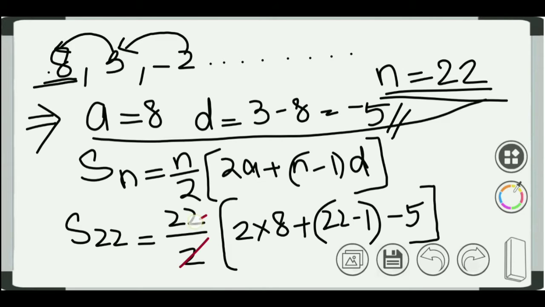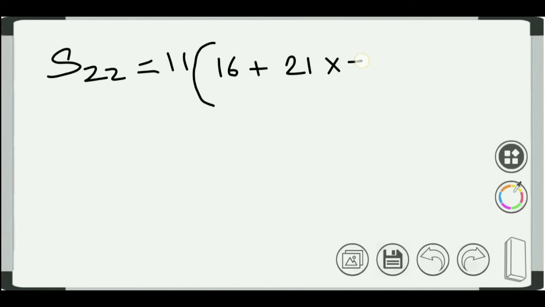See, 22 by 2 is 11. 2 into 8, 16. 22 minus 1, 21. So S22 is equal to 11 into 16 plus 21 into minus 5.